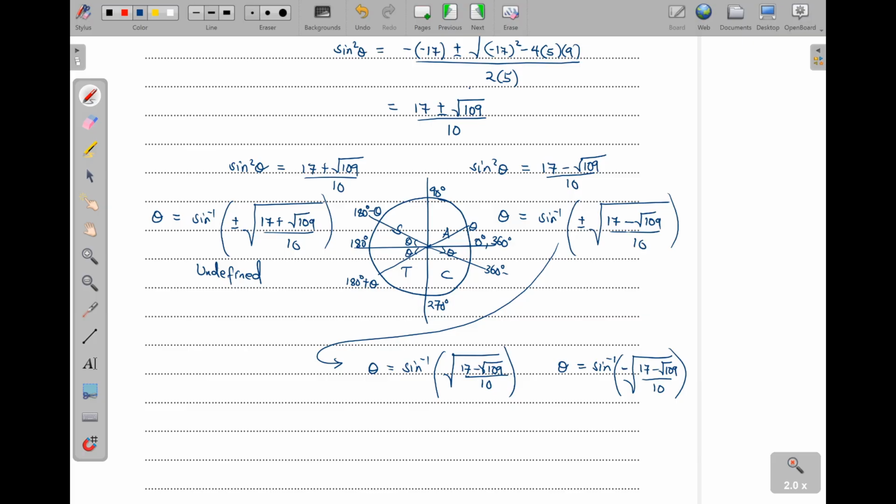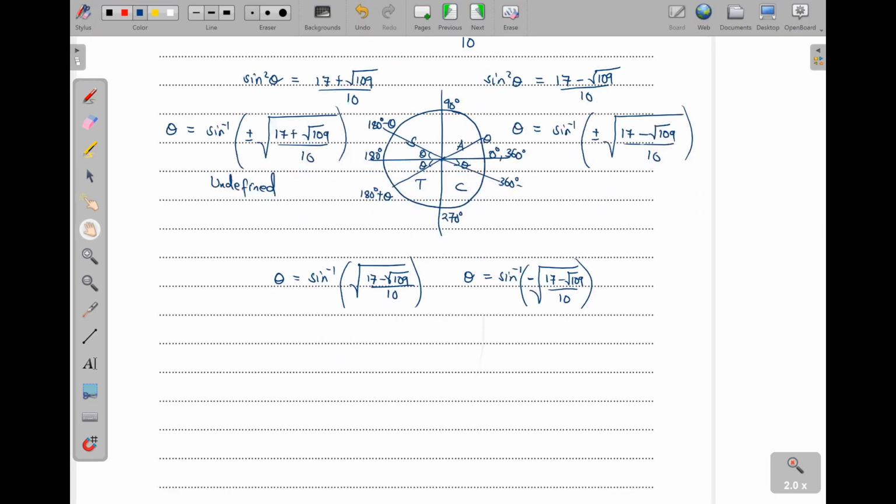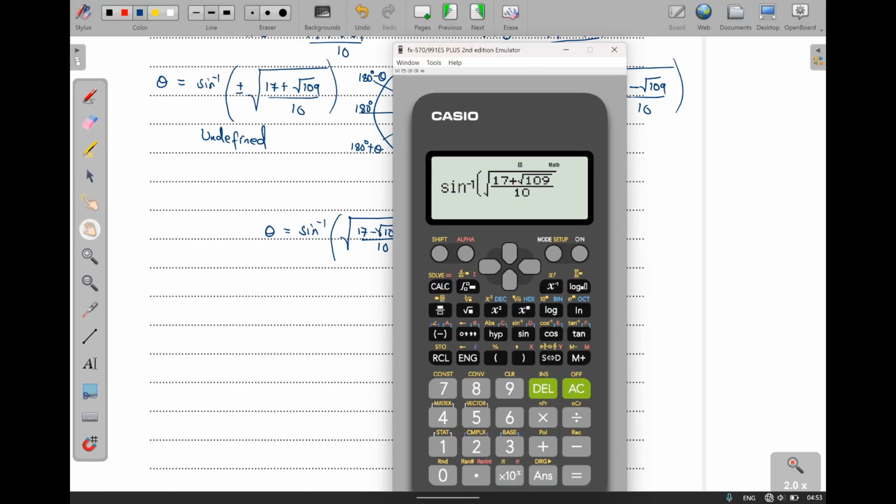Okay, that is what we are going to have there. So I'm going to extend this one a little bit, this other side. Let's get these answers. So I'll come to this one and then I will put a minus.